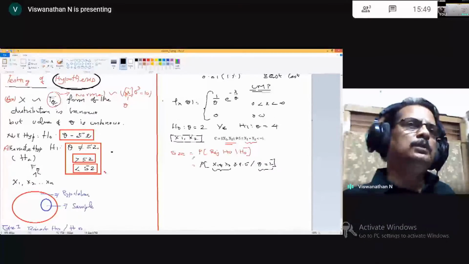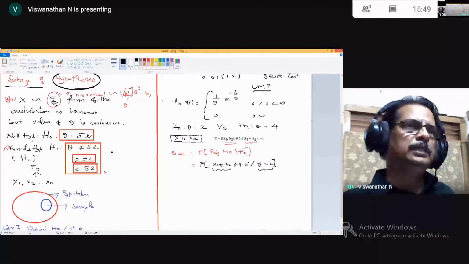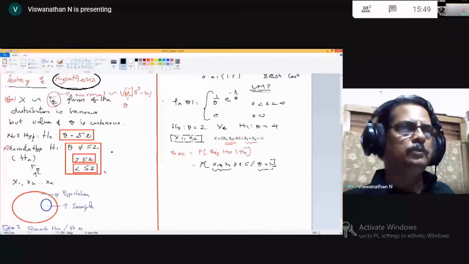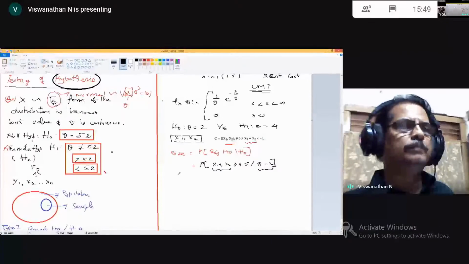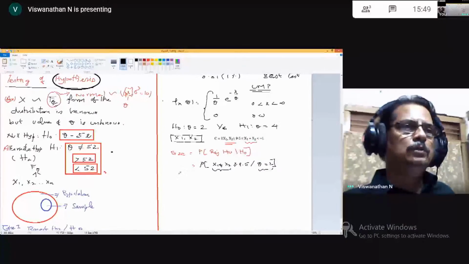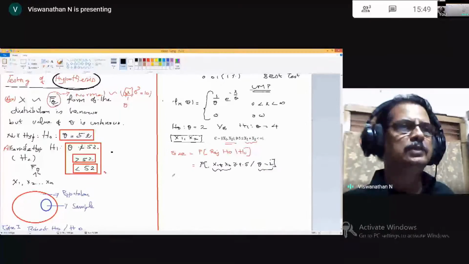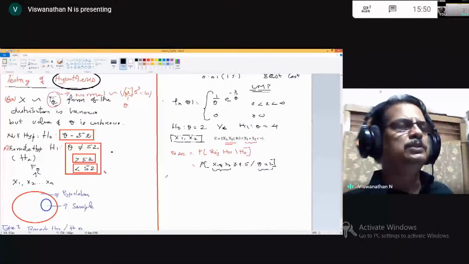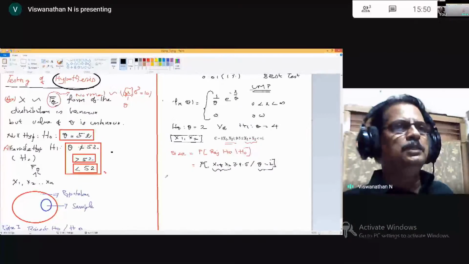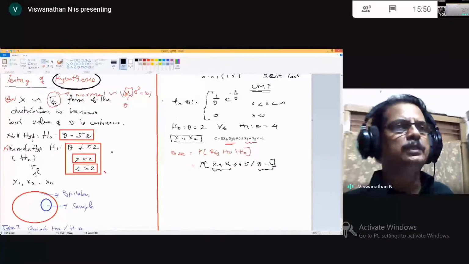I know that x1, x2 are random samples, thereby they are independent, but I want to find the distribution of the sum total. Once I know the distribution, I can find this probability. So now the problem is shifted from testing to finding the distribution. In our previous class we found how to transform the variables and get the distribution, using the Jacobian technique.